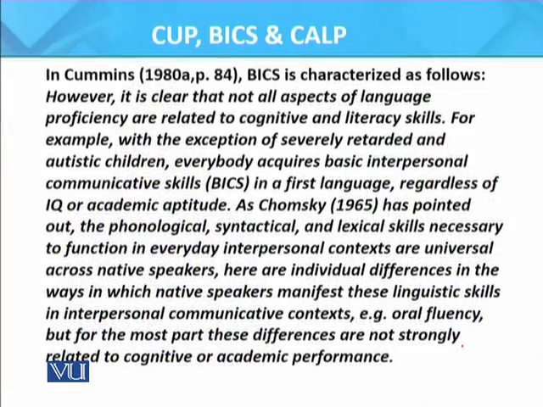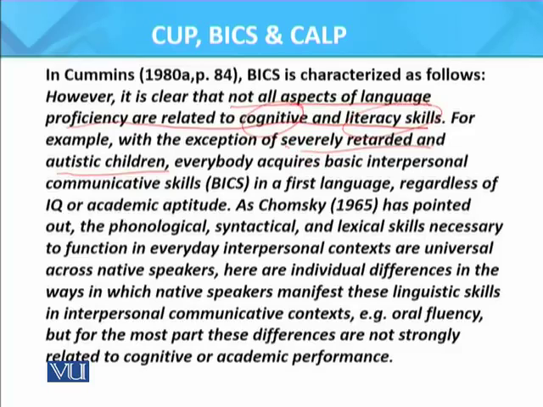Cummins proposed that BICS is characterized as follows. However, it is clear that not all aspects of language proficiency are related to cognitive and literacy skills. For example, with the exception of severely retarded and autistic children, everybody acquires basic interpersonal skills. So not all aspects of language proficiency are cognitive based or literacy skills based, because you have the exception in the form of mentally challenged children.